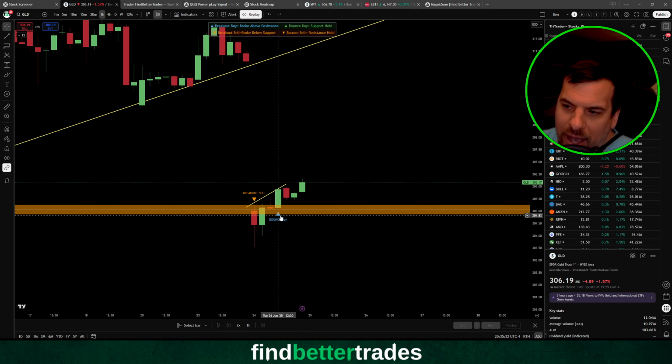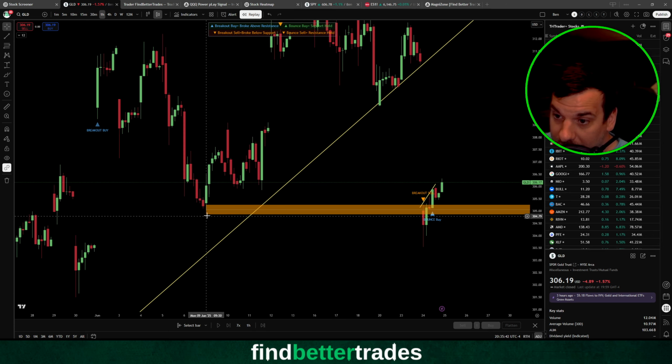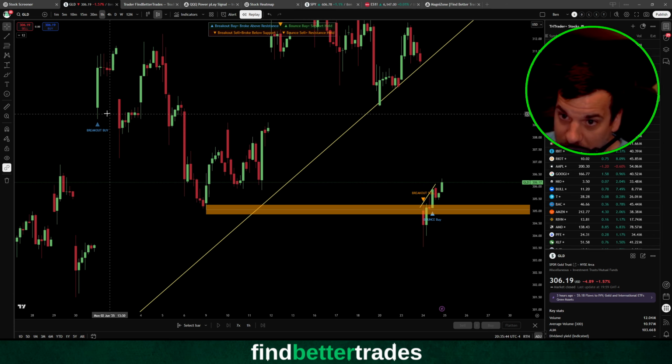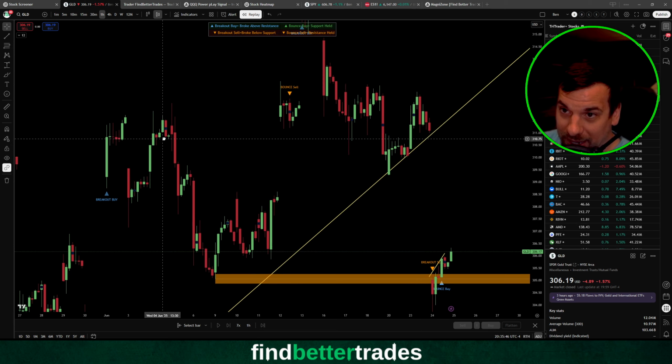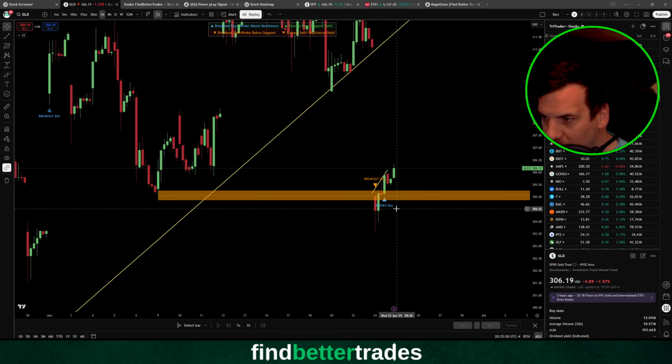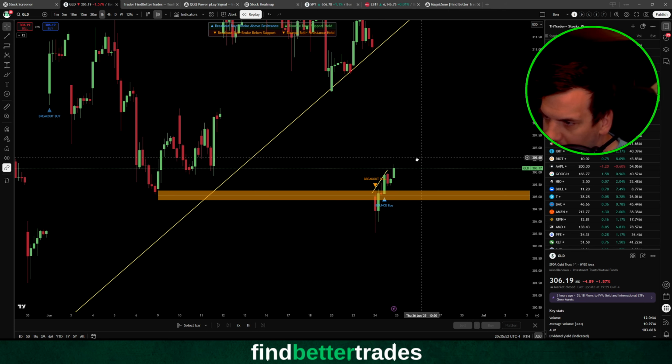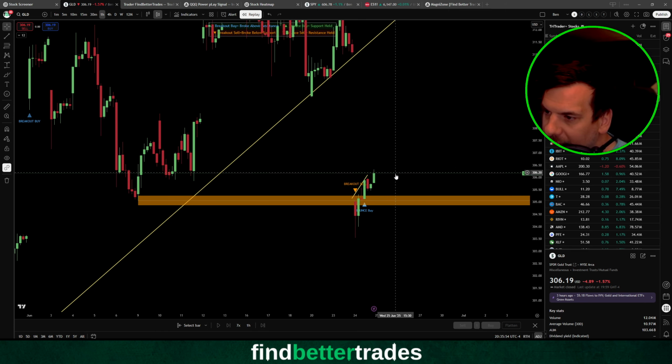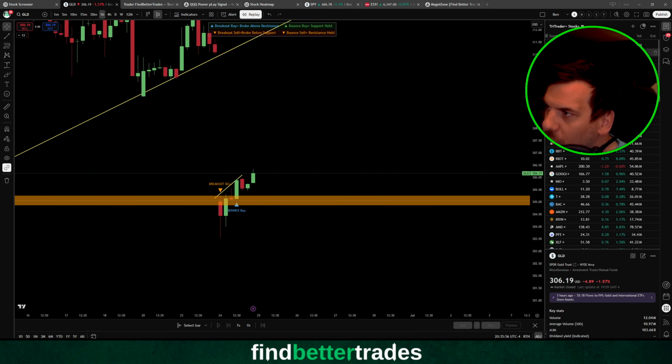I made it this way just because at these levels sometimes it'll just do this. And this was a great looking opportunity. Look at this breakout buy, by the way. Really nice little breakout buy right there. But sometimes it'll just do this. And so this is actually a decent looking trade for a bounce. We'll see about that.